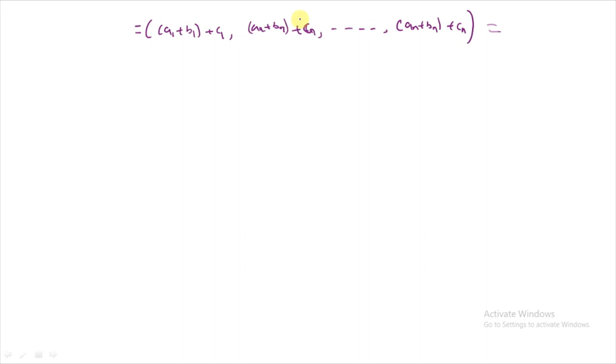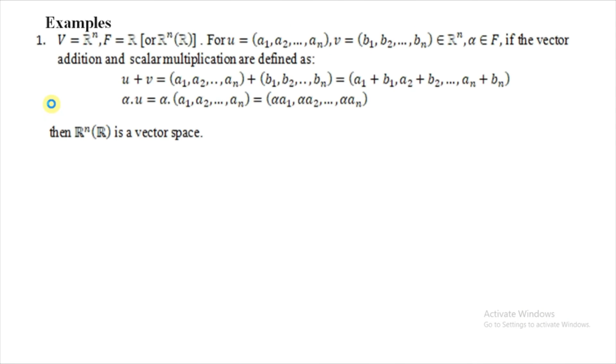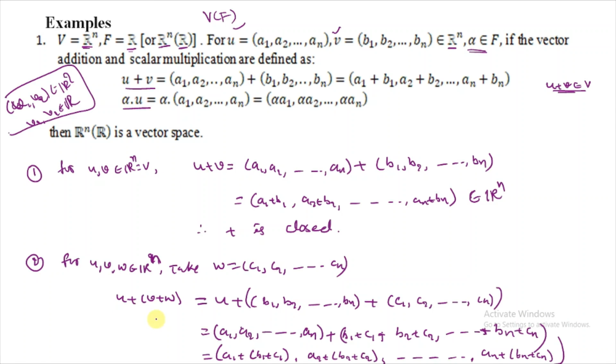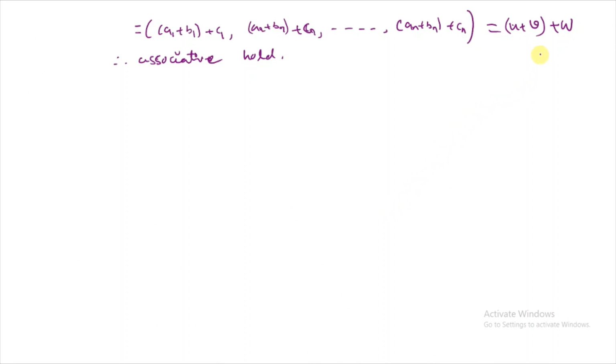This is (a1 plus b1). Written in reverse, that means you get (u plus v) plus w. That means it satisfies the associative property. Therefore the associative property holds. The second condition holds: u plus (v plus w) is the same as (u plus v) plus w. Next, third one, identity.